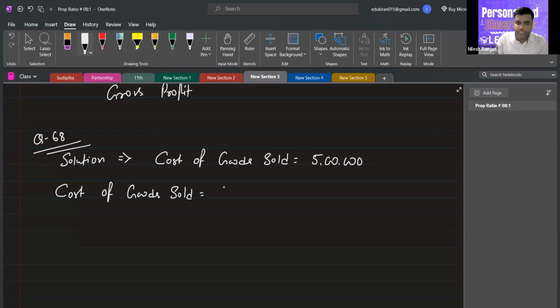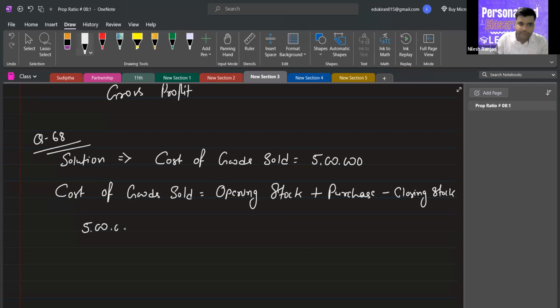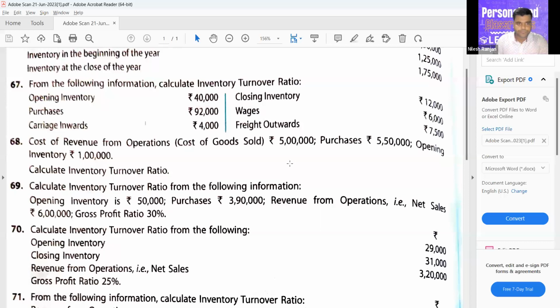So cost of goods sold equals opening stock plus purchase minus closing stock, and cost of goods sold is 5 lakh. Opening stock is also given. It is 1 lakh.